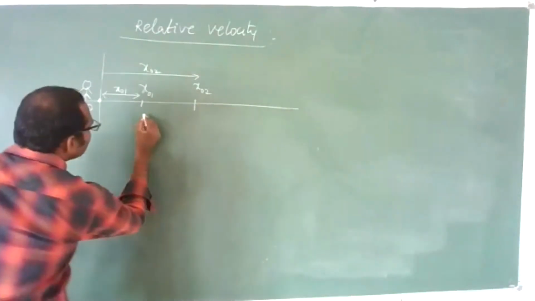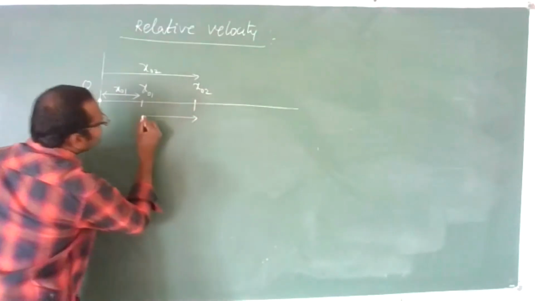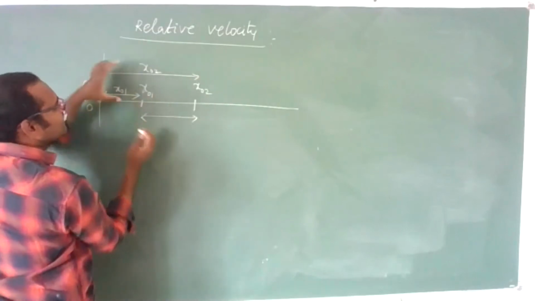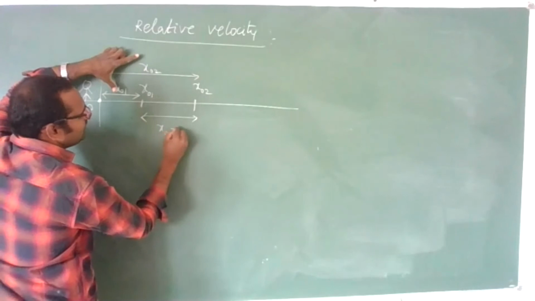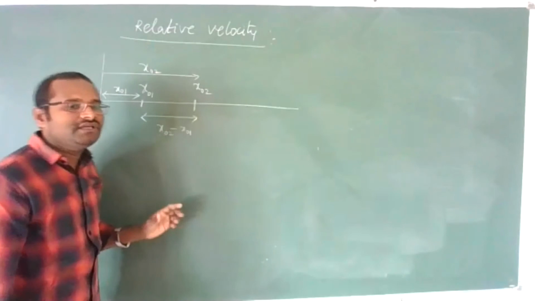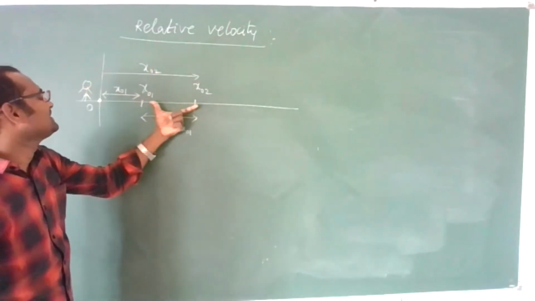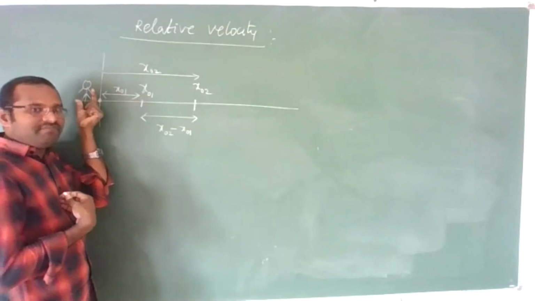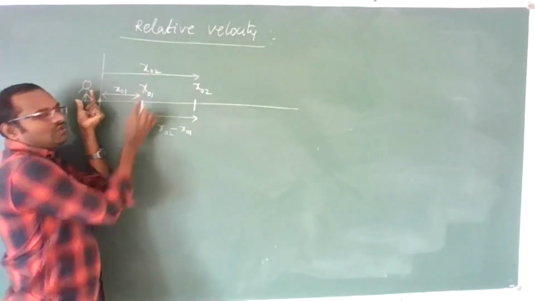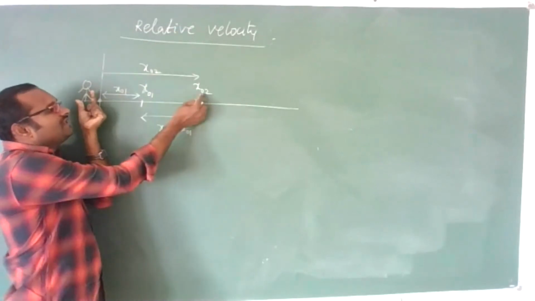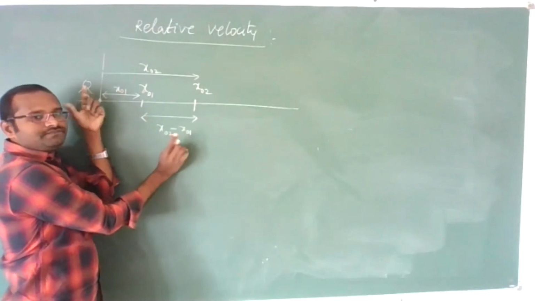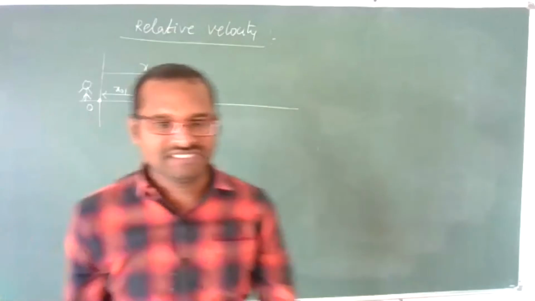Now the distance between these two cars will be x02 minus x01. For me, I am observing these two cars. From me, the first car is at a distance of x01, the second car is at a distance of x02, and the distance between the second car and the first car is x02 minus x01.